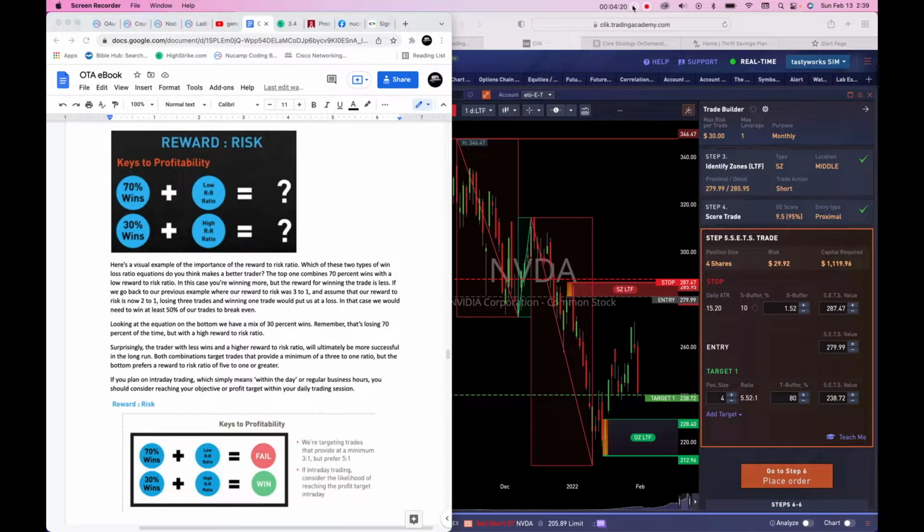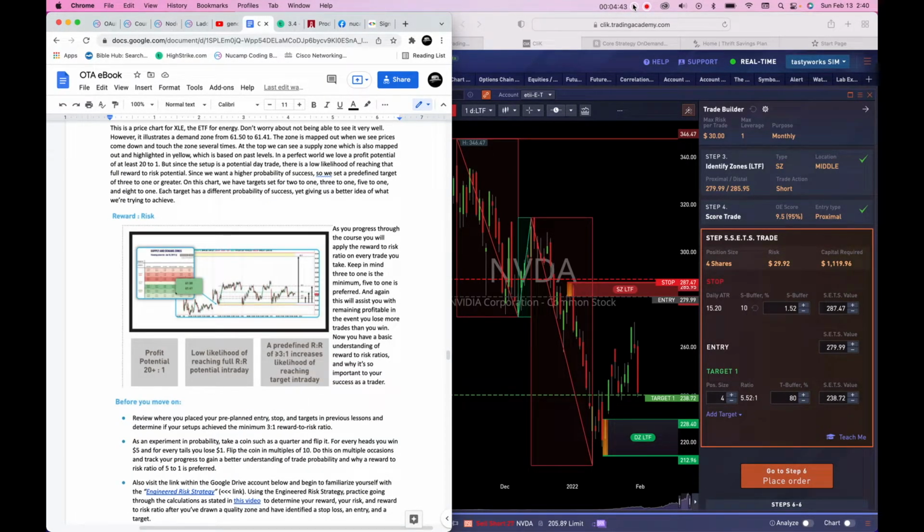If you plan on intraday trading, which simply means you're trading within the day or regular business hours, you should consider reaching your objective or profit target within your daily trading session. Here at the center of the screen, we see a price chart for XLE, which is an ETF for energy. Now, don't worry about not being able to see it very well.